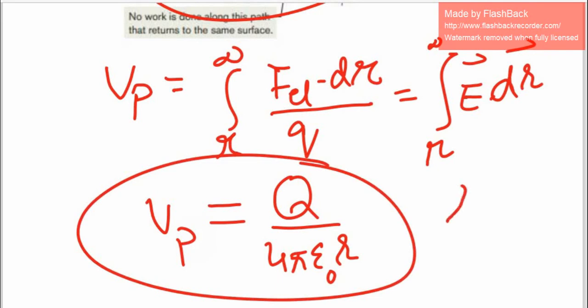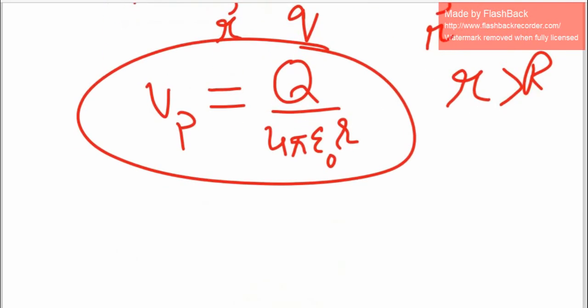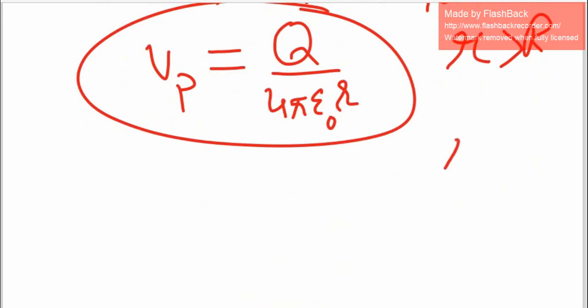This is for the case when r is greater than R. This is the situation when the point from where we want to find the electric potential is greater than the radius of the sphere. If I put in the numbers, what happens if this r is equal to R?